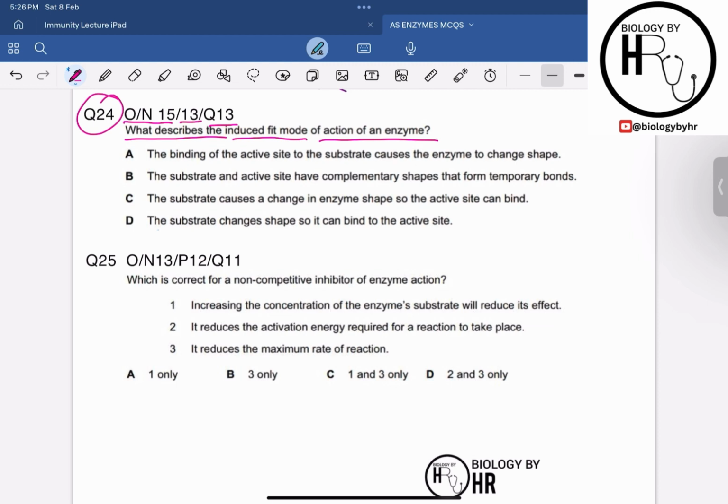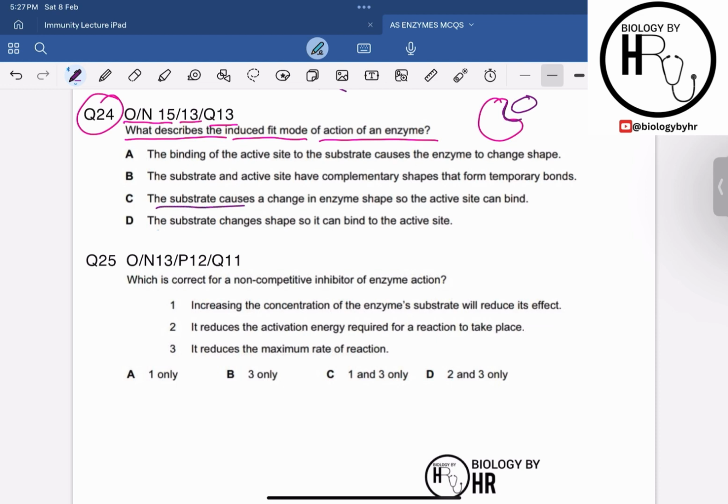The induced fit theory basically states that the active site of the enzyme is not a perfect fit for the substrate initially. Instead, the enzyme undergoes a conformational change when the substrate binds to it, improving the fit of the substrate to the active site of the enzyme. So the correct answer here would be option C.